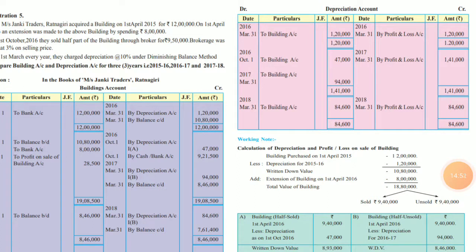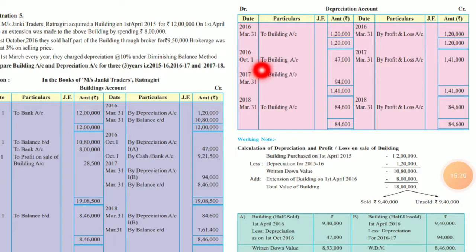First thing is the depreciation on the building when it was purchased, that is 2016 March 31 to building account 1,20,000. This is transferred to the profit and loss account. So 2016 March 31 by profit and loss account 1,20,000. Next is for the year 2016 October 1.